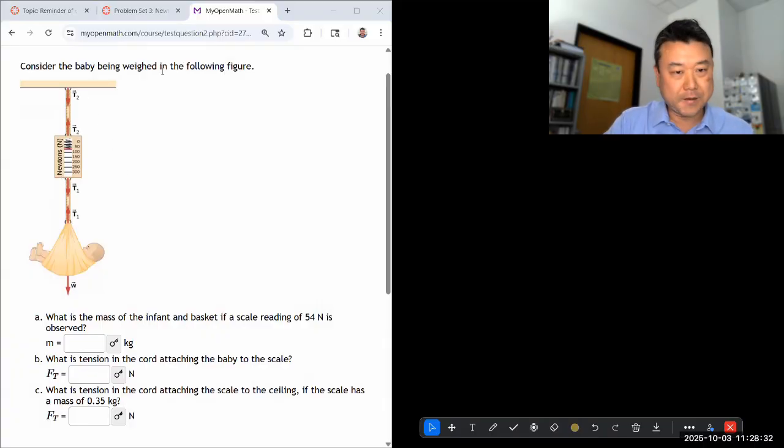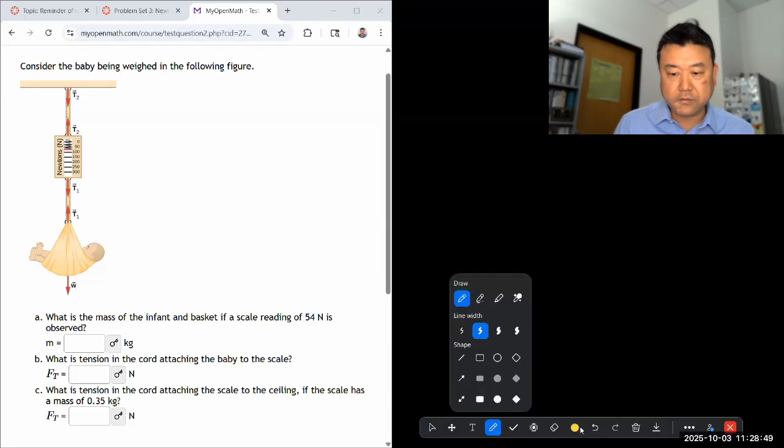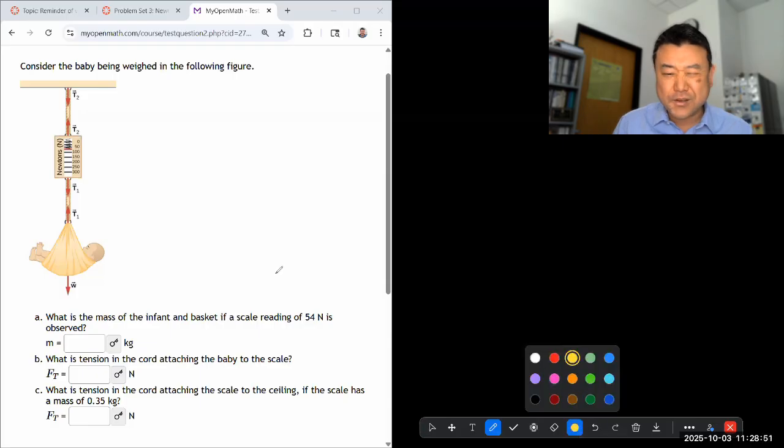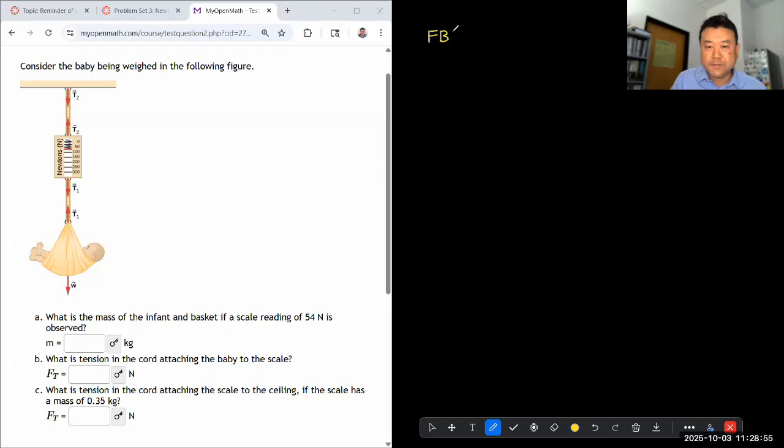Consider the baby being weighed in the following figure. What is the mass of the infant and basket if a scale reading of 54 Newton is observed? Okay, so if that's the scale reading, I can draw a free body diagram of the baby. It's kind of drawn here, but I like to draw free body diagrams in a way that looks a lot simpler.